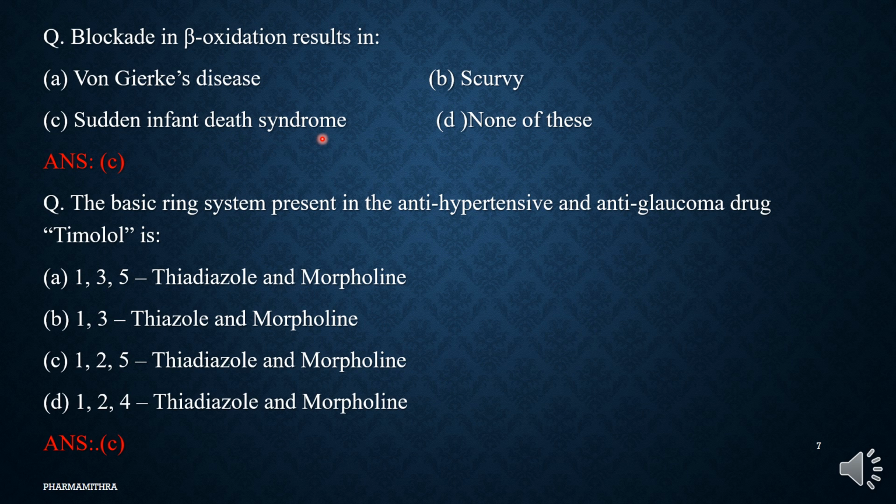This is an unexplained death condition, usually occurring in children less than 1 year old during sleep. It is mainly due to a defect in fatty acid oxidation, resulting in cellular energy shortage, which finally results in sudden infant death syndrome, or SIDS. So blockade in beta oxidation results in sudden infant death syndrome, option C is the right answer.